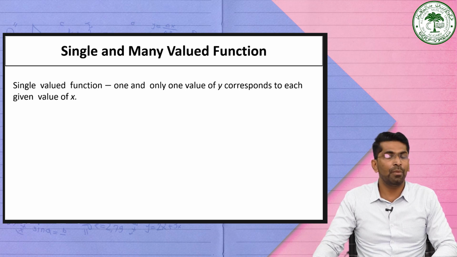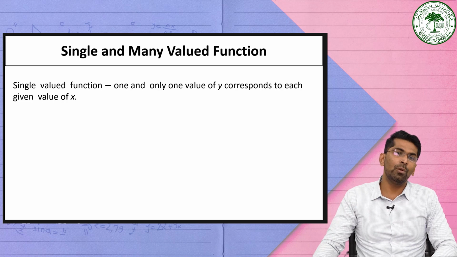It is the type of function in which each element in the domain corresponds to exactly one element in the range. That is, for every input value, there is only one output value. Thus a single valued function does not have multiple y values for a single value of x.